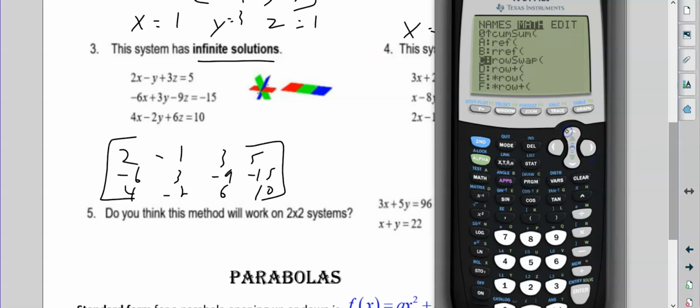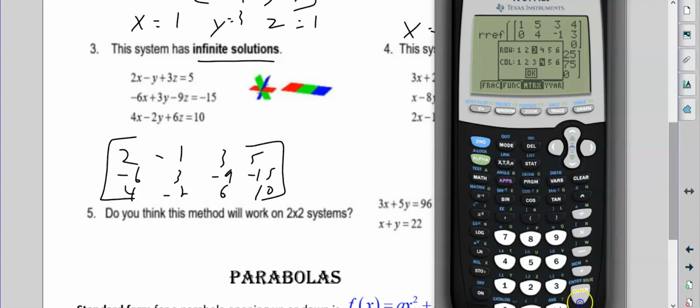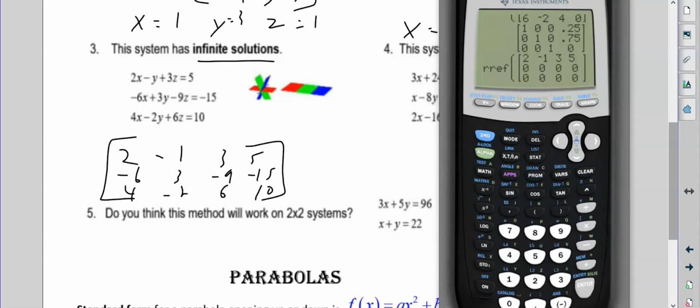So, same procedure here. Get back up into RREF, alpha zoom. And enter the numbers. Pay extra special attention to the negatives.